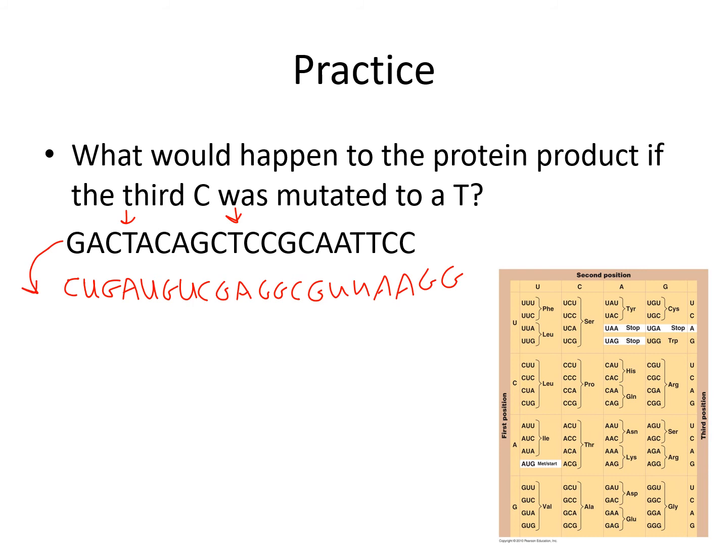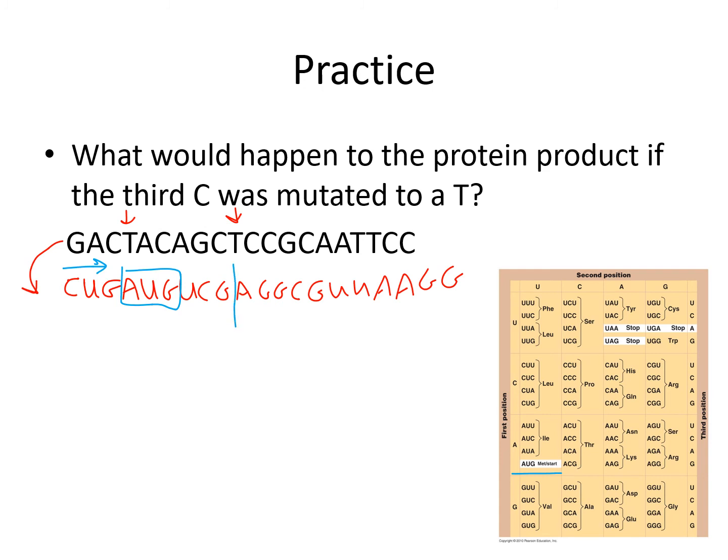So for the protein product, you're going to have to translate, and remember the first thing you want to do is find your start codon. The start codon is the AUG, so you slide along your mRNA until you find your AUG. And this sets your reading frame, and then your codons are every 3 nucleotides.